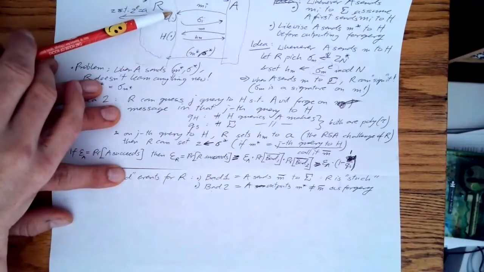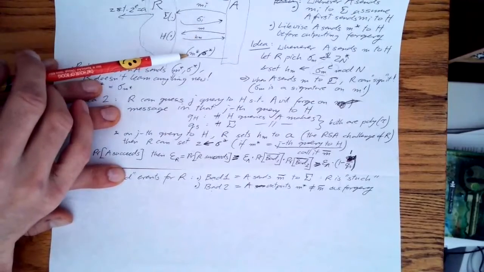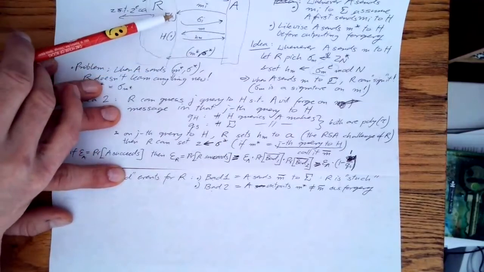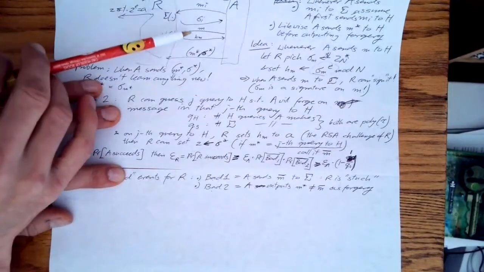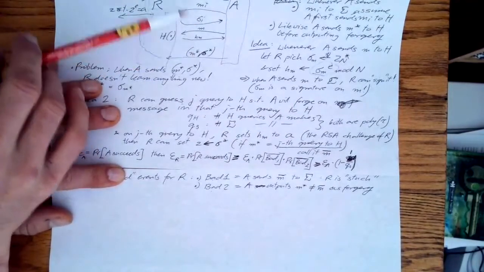So if he asked for signatures on all messages, on all hashed messages, then he couldn't forge because he would already see signatures on all hashed messages, right? So he has to pick at least one that he doesn't sign.